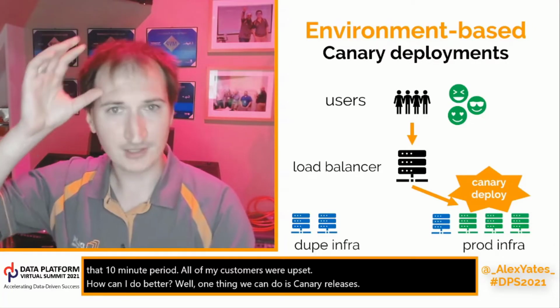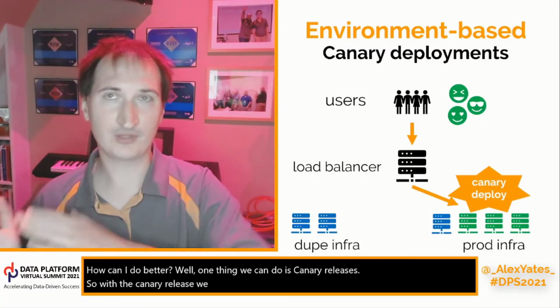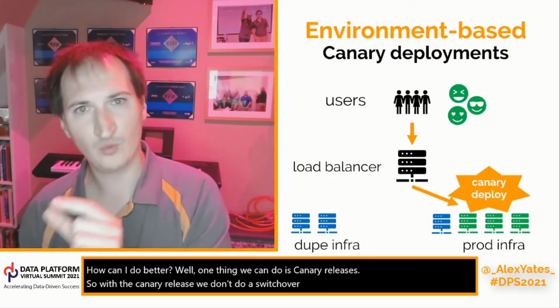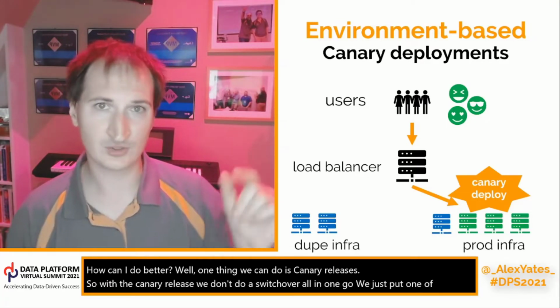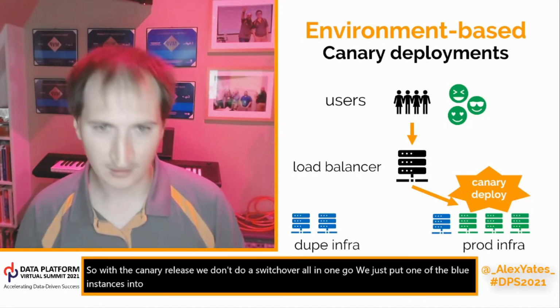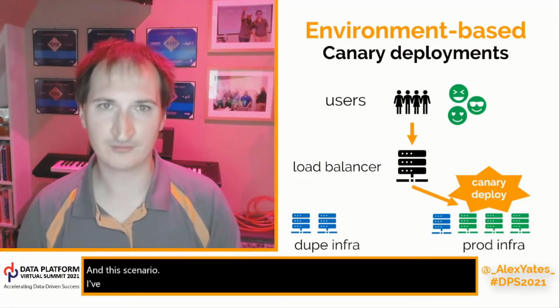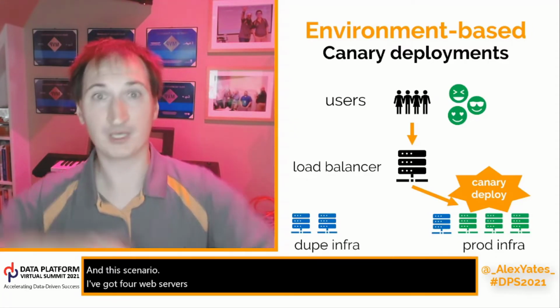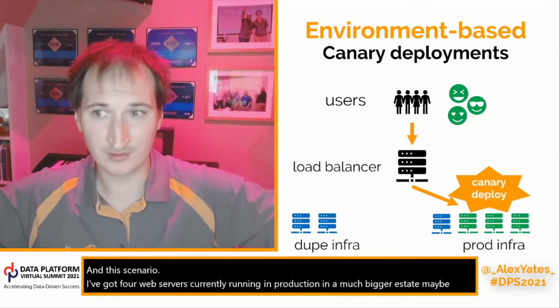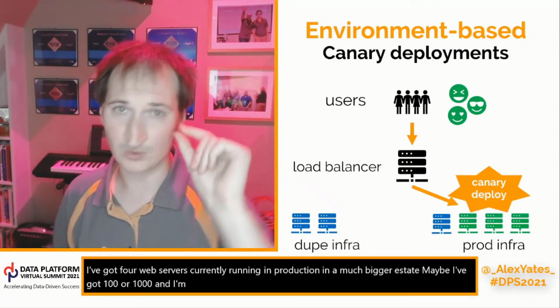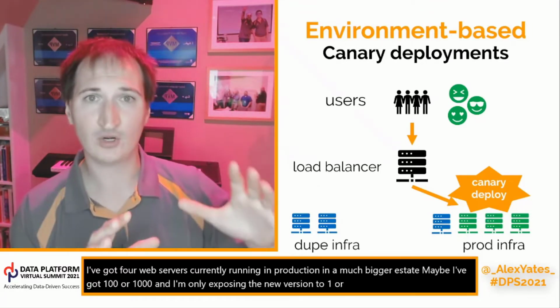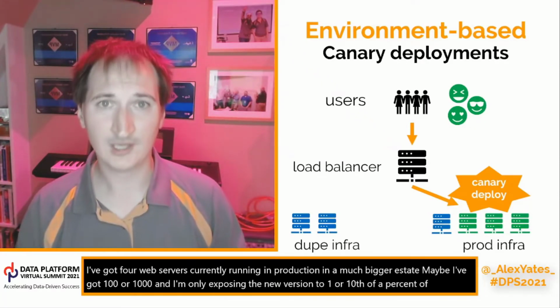So with a canary release, we don't do a switch over all in one go. We just put one of the blue instances into rotation. In this scenario, I've got 4 web servers currently running in production in a much bigger estate. Maybe I've got 100 or 1,000, and I'm only exposing the new version to 1% or 0.1% of the total number of users.